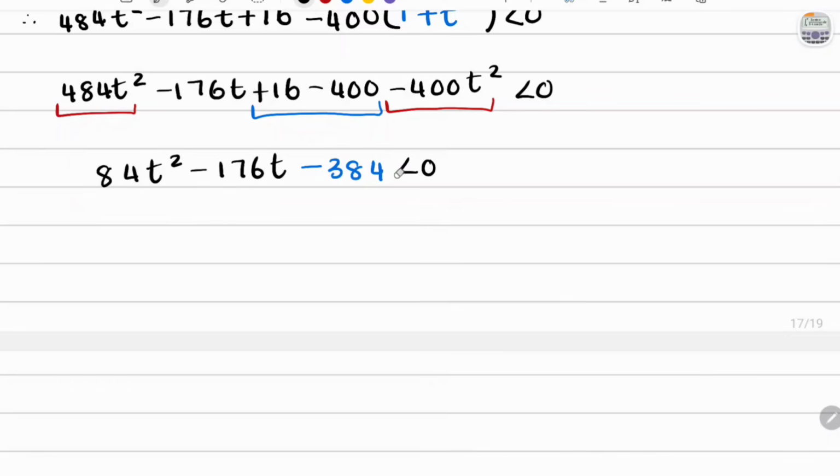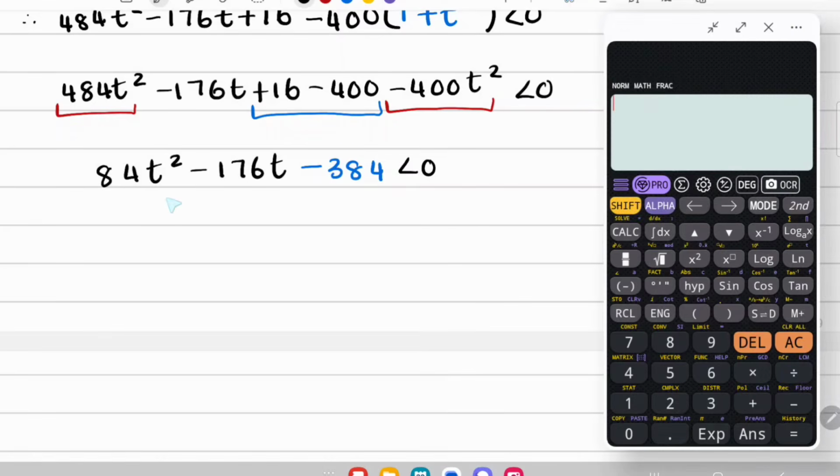So I know there's definitely a common factor, and how I'll find out whether there's a common factor or not is I'm just going to take each of these numbers and see what they have in common. So if you take 84 is equal to, just see the factors it has, shift and factorize. I see it has 2 squared. Then I'll just say 176 is equal to, and shift and factorize.